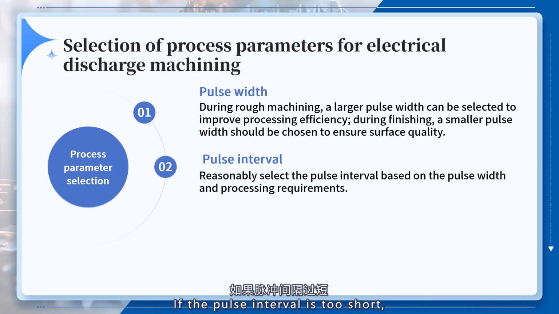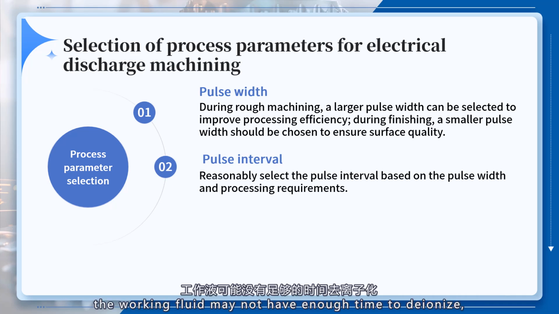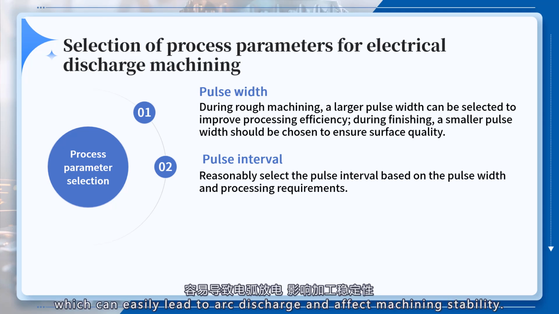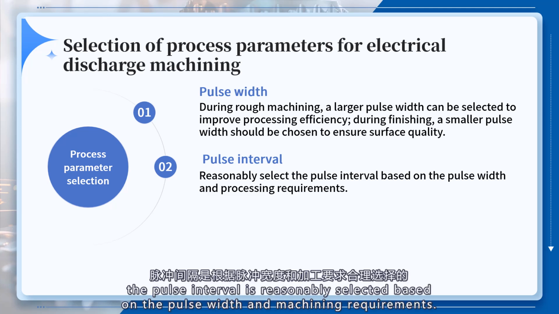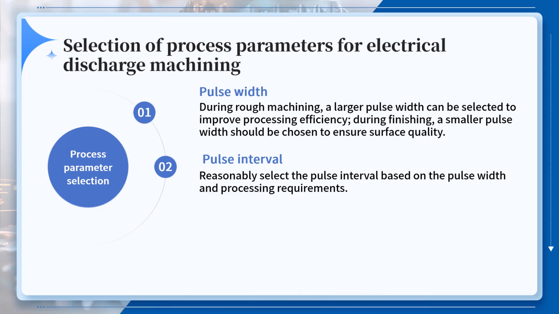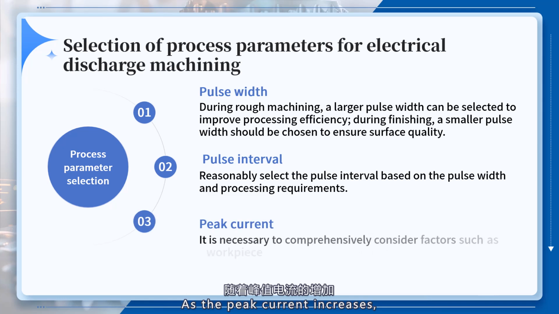Pulse interval. If the pulse interval is too short, the working fluid may not have enough time to deionize, which can easily lead to arc discharge and affect machining stability. If the pulse interval is too long, it will reduce machining efficiency. Generally, the pulse interval is reasonably selected based on the pulse width and the machining requirements. Peak current.